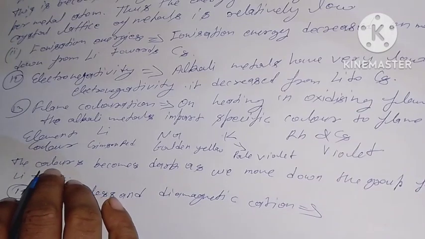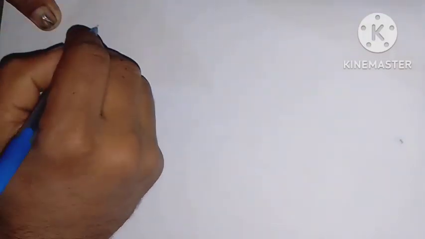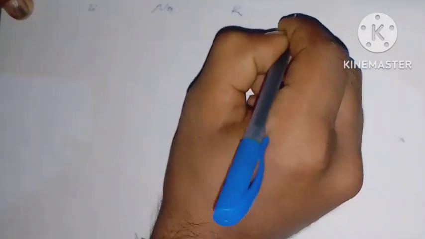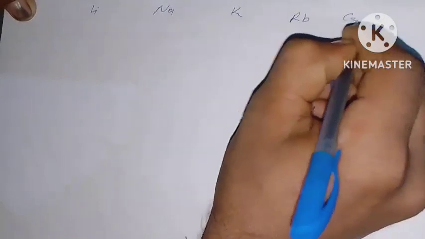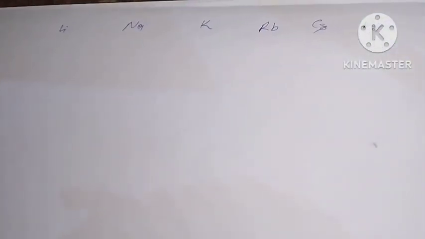Next are the physical properties of alkali metals. Here we have lithium, sodium, potassium, rubidium, cesium and francium.